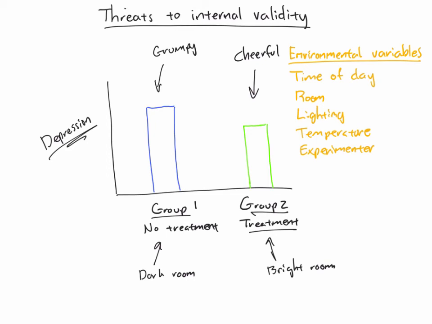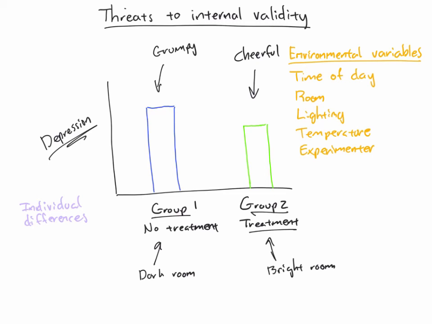We could also, instead of having differences in the environment, have differences in the people in the study, differences between the two groups that exist before the study even begins. In your textbook, they call these individual differences, meaning that before the study even begins, there are some differences between these two groups.